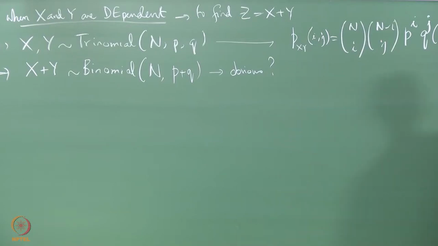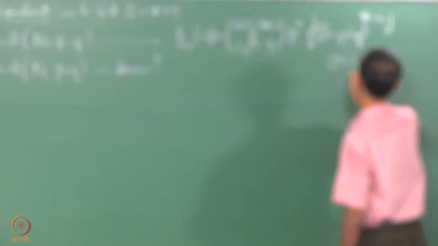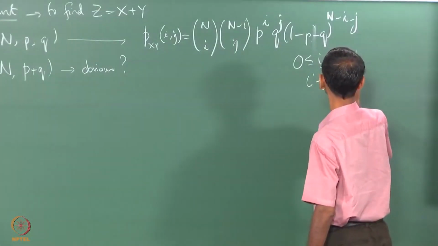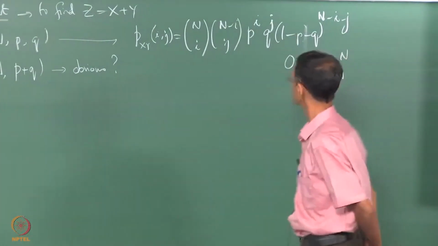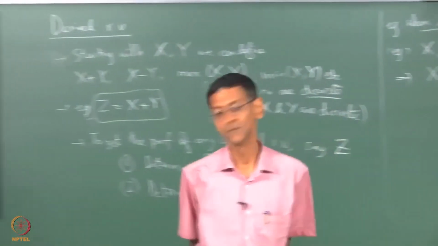This is for 0 less than or equal to i comma j, and i plus j is also less than or equal to n. So this is basically our starting PMF.